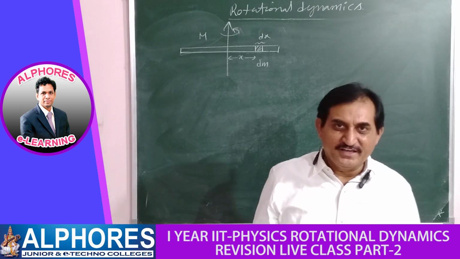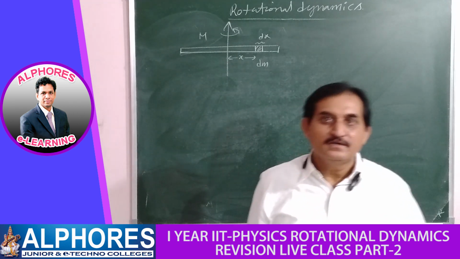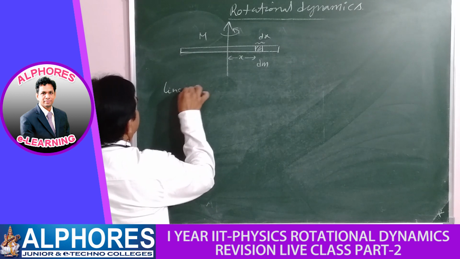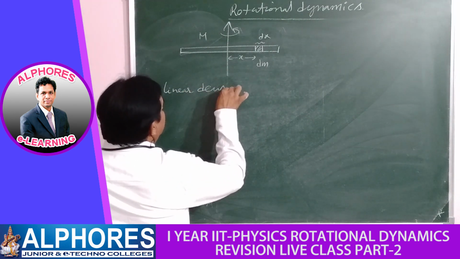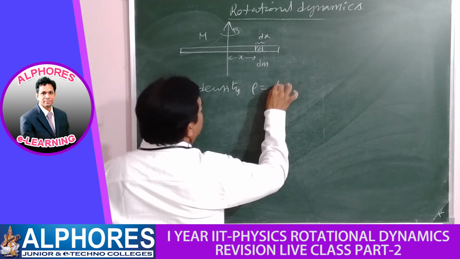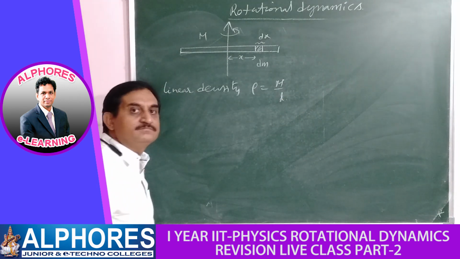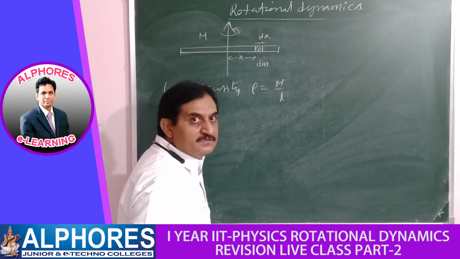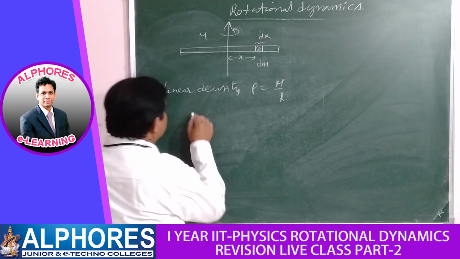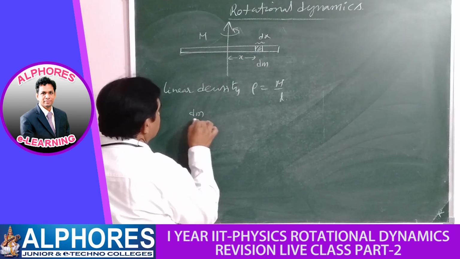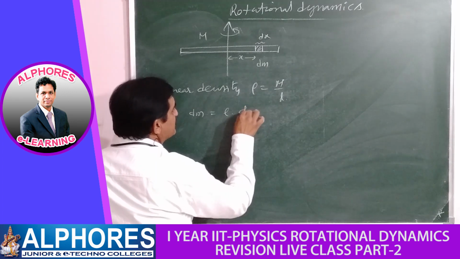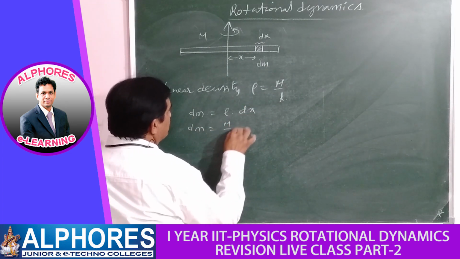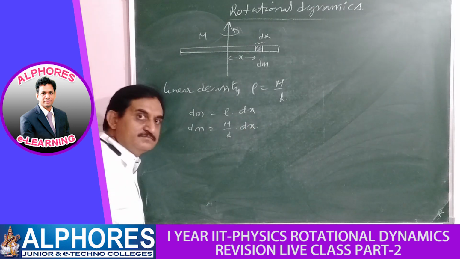Such a body has a linear density, using the linear density, rho is equal to m by L. I want to find the mass of this element. Mass of the element dm is equal to rho into dx. Yes, dm is equal to m by L into dx.